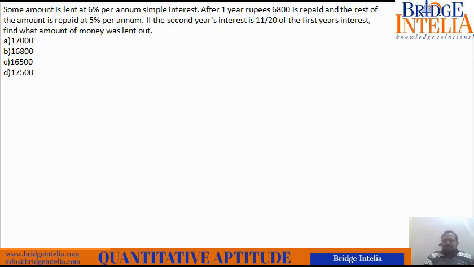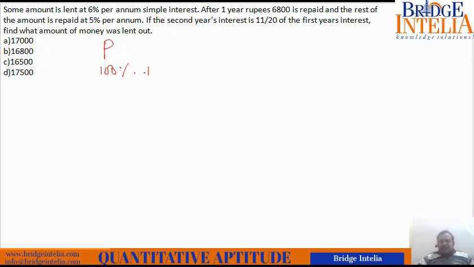So let's see. Some amount is lent at 6% per annum. So let's assume the amount to be P. So the rate is 6% and simple interest. So after 1 year, rupees 6,800 is repaid. So after 1 year, what was the amount due? This was the original amount that you deposited.